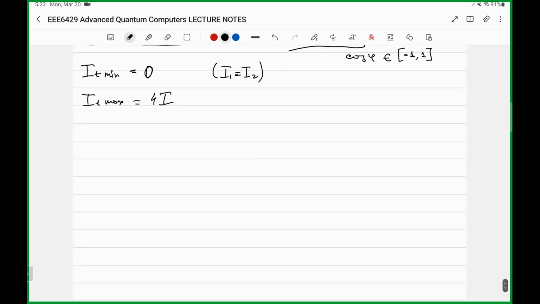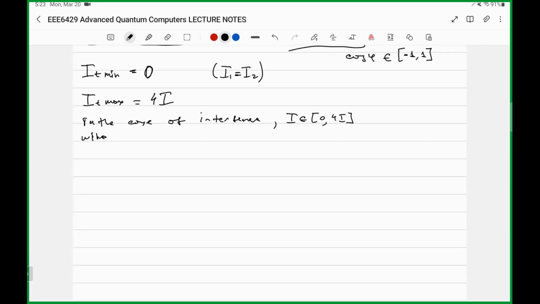So we conclude that in the case of interference, the intensity oscillates between 0 and 4I.